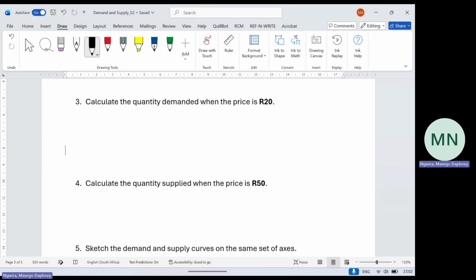So it means we are calculating Q. So this will be, remember, our demand function, Q is equals to 120 minus 2P. And then this will be Q is equals to 120 minus 2, and then our P is 20, right?